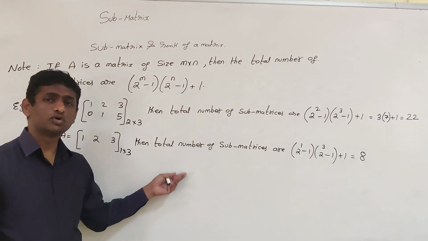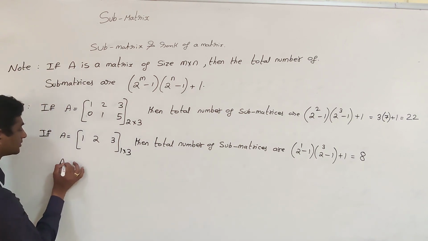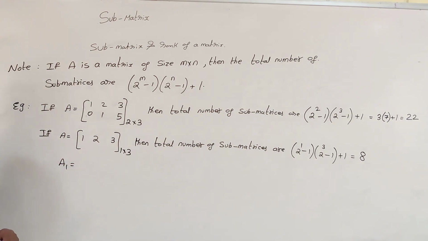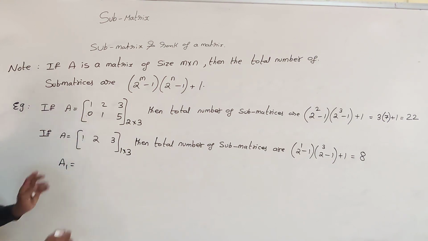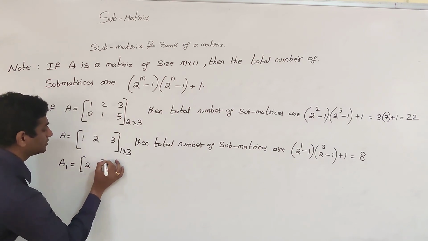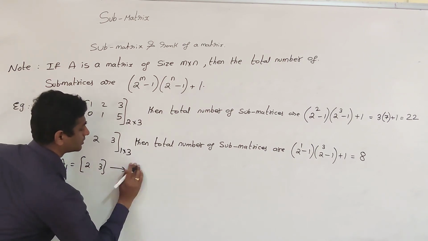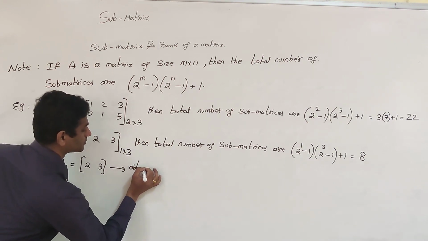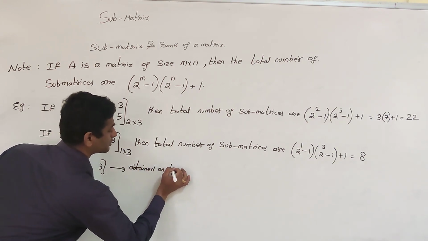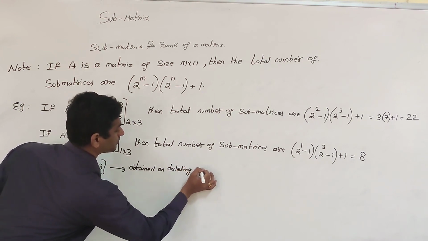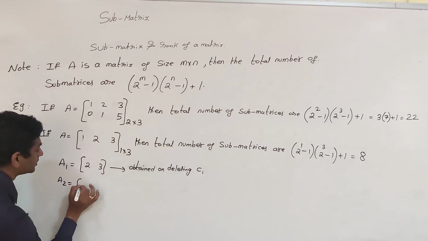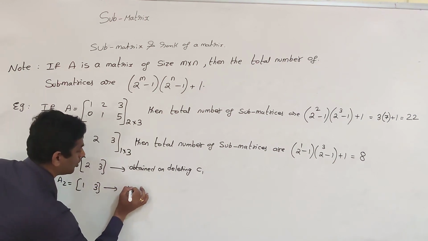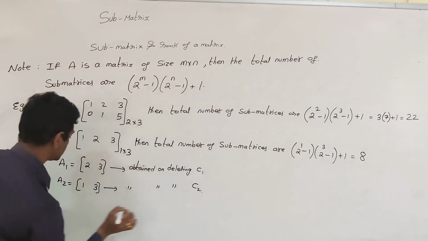We will list out what are those 8. A1, after deleting the column 1, it is 2, 3 obtained on deleting column 1, C1. Next, after deleting C2, what happens? A2, 1 3 obtained on deleting C2 elements.